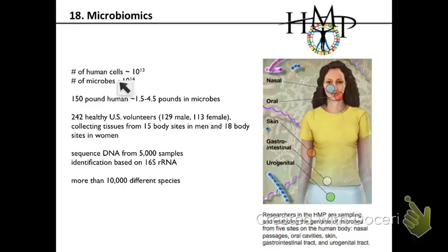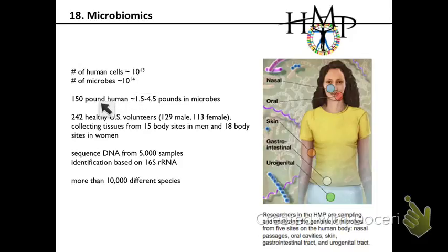In fact, if you try to estimate the number of human cells in an average human, which would be 10 to the 13, the number of microbes in the same human would be about 10 to the 14. So we contain many, many more microbial cells than our own cells. Of course, our own cells are actually bigger so that we don't look like a microbe, but we do have a lot.